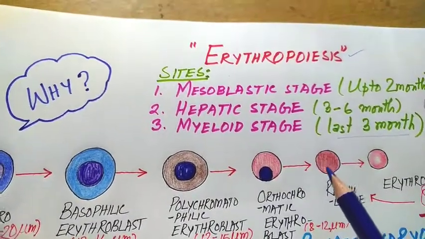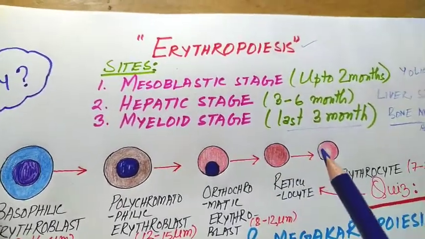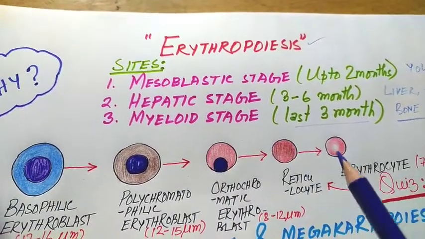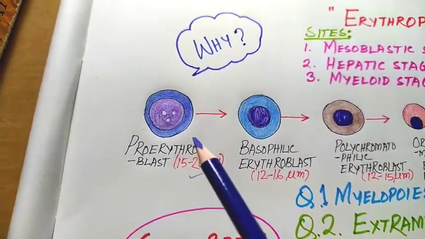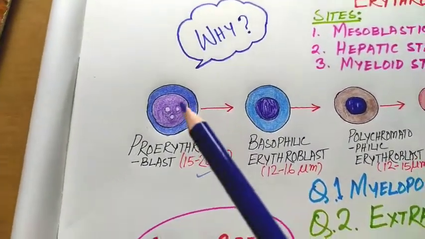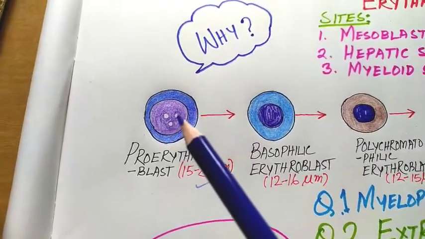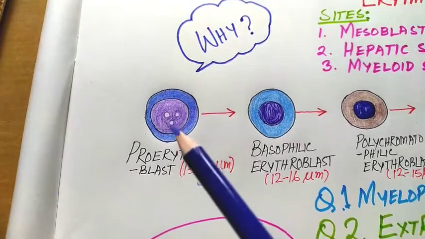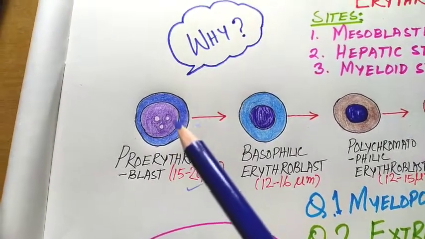There is a phase of reticulocyte, I'll talk about it later on, and ultimately the mature RBC is formed, that is the erythrocyte. So the proerythroblast is the most premature form. There is presence of opened up or fine chromatin along with multiple nucleoli. The color of the cytoplasm is dark blue.